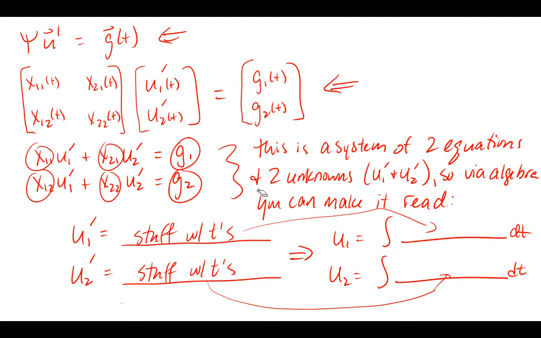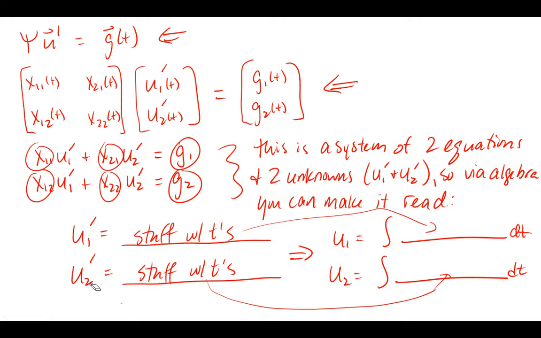And so via algebra, you can still do a rearrangement, or maybe substitution, or maybe the one where you have two equations, draw a big line under them, and add them up, or add a multiple of one to a multiple of the other. All those usual algebra 1 or algebra 2 steps you could still do, so that one of the unknowns, u1 prime or u2 prime, drops out and gives you an equation for one of them that has just some t's in it.